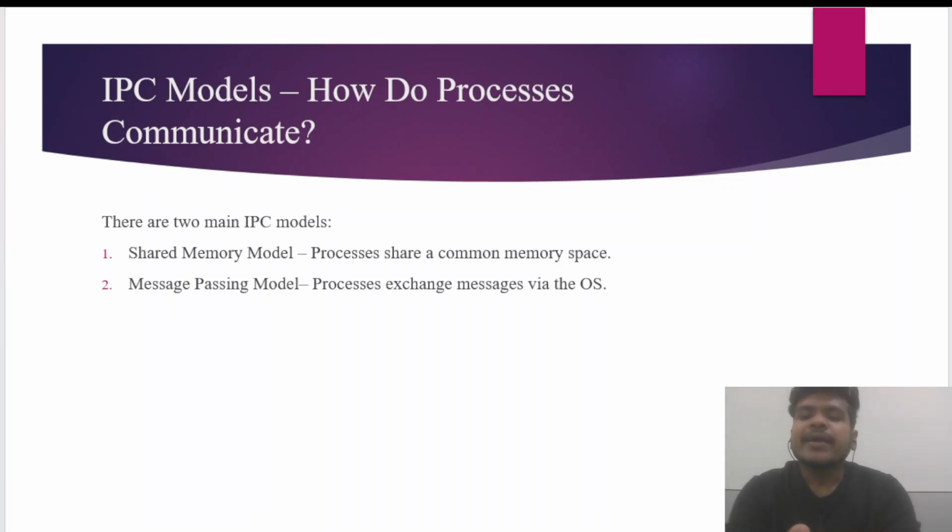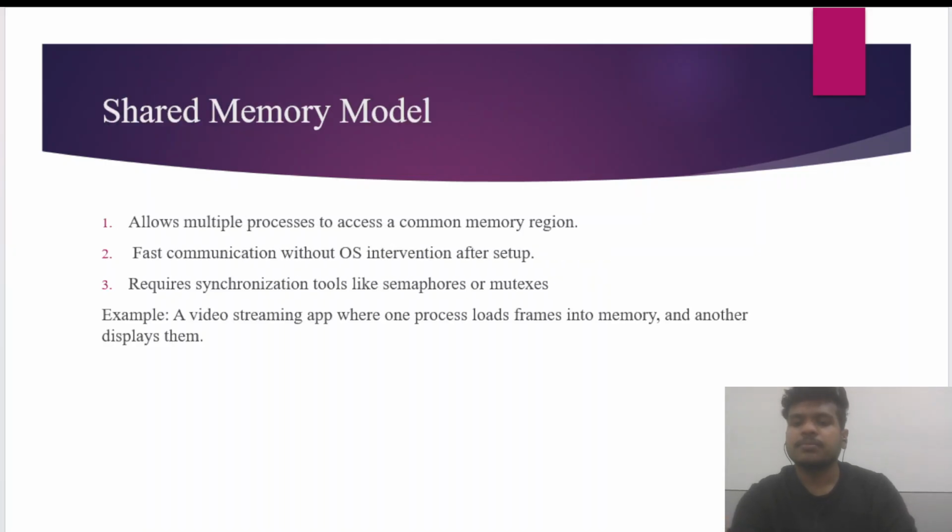Now, let us look at IPC models. How do processes communicate? There are two main models of IPC. The first one is the shared memory model and the second is the message passing model. In the shared memory model, multiple processes share a portion of memory to exchange data.